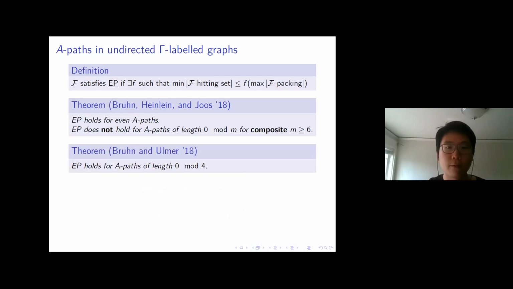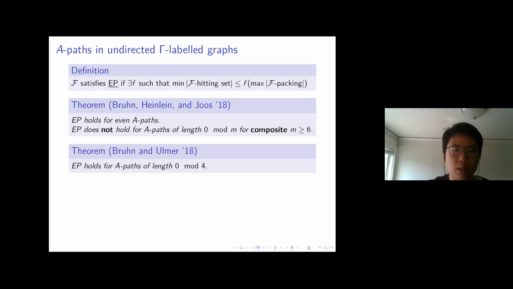Okay, and it turns out that for 0 mod 4, the Erdős–Pósa property actually does hold. This was a result of Brun and Ulmer in 2018. The proof for even A-paths is relatively simple, but this 0 mod 4 result is quite a bit more complicated, and it uses the structure theorems for group-labeled graphs.